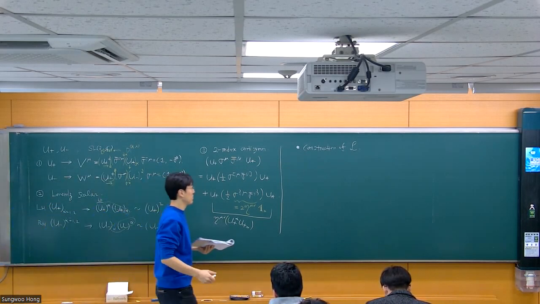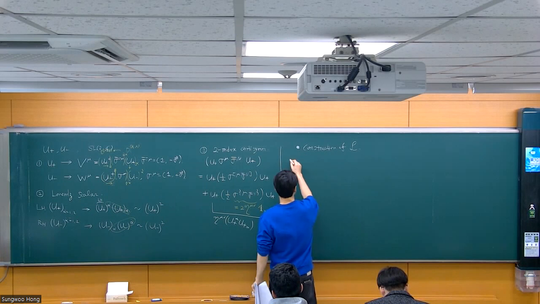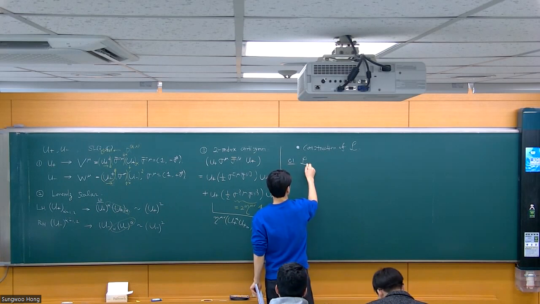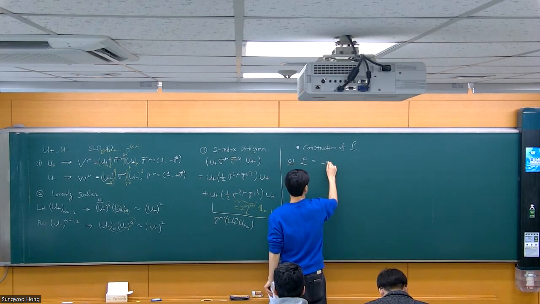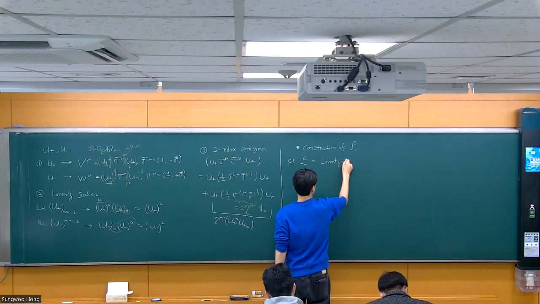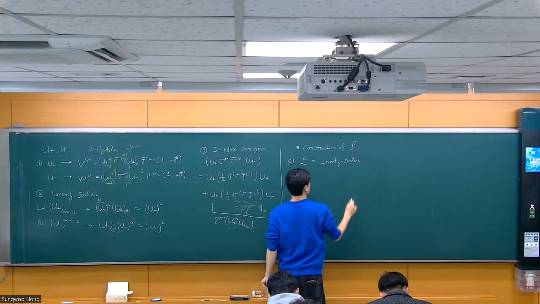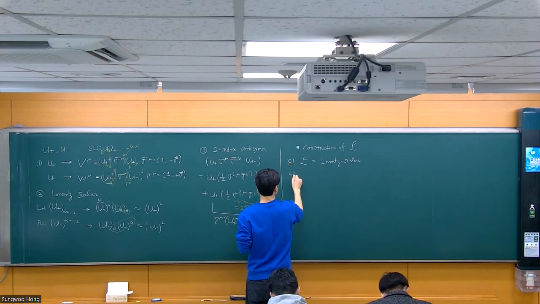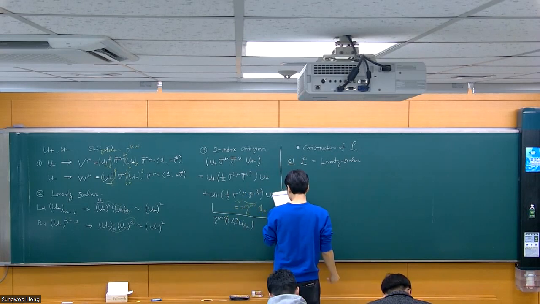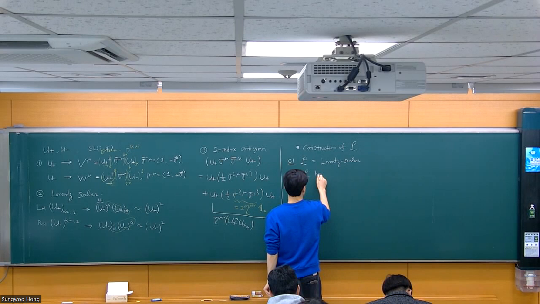Not just my opinions, but facts. So criteria number one, it should be a Lorentz scalar, for obvious reason, because if you want to construct a Lorentz invariant field theory, that's clear. Second criteria, this has internal symmetry.